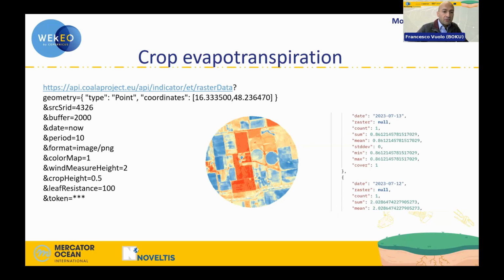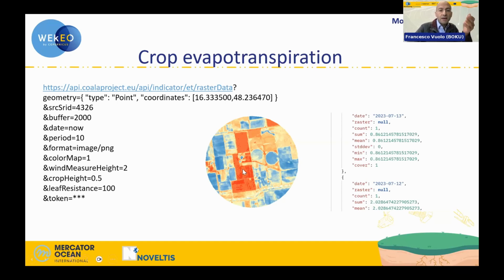And here we enter into the more domain-specific parameterization of this API. When you look at the ET evapotranspiration modeling, you want to know the leaf resistance, the crop height, and the wind measurement height. And those are parameters that you as a user can modify. And of course, then you need a token to get this activation.